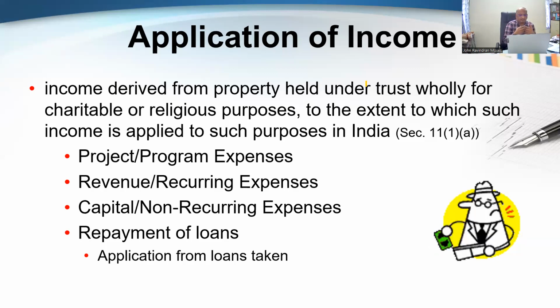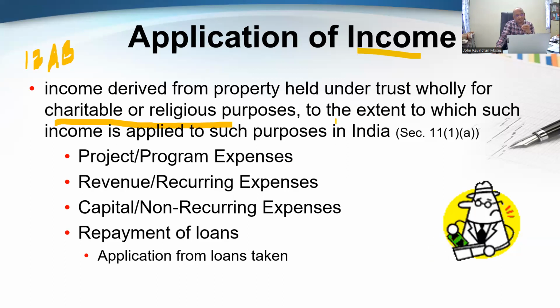Let me repeat again. For a charitable or religious organization registered under Section 12AB, the law says that you apply the income for charitable or religious purposes.